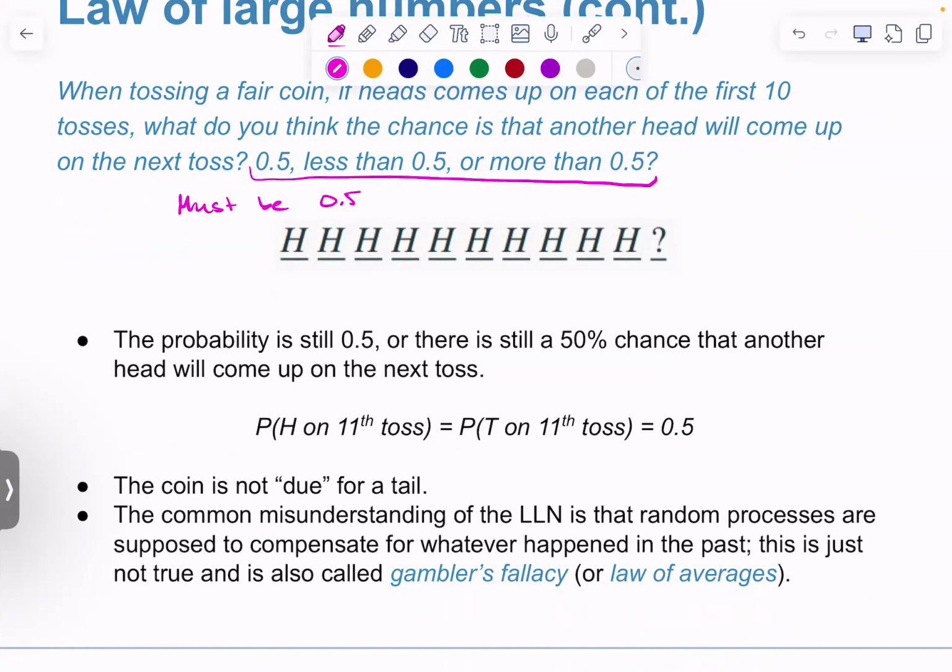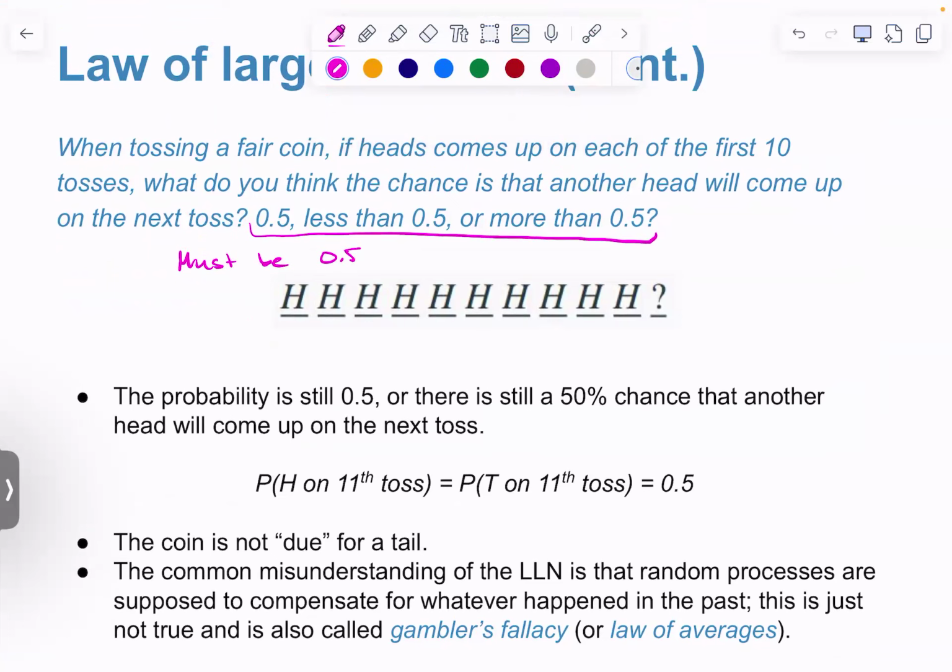So why is it 0.5? Because here, each of these slots, we'll call them, is a toss, and then we record the result. The probability of heads is 0.5, and then I got another heads with a probability of 0.5, and then another, and another.